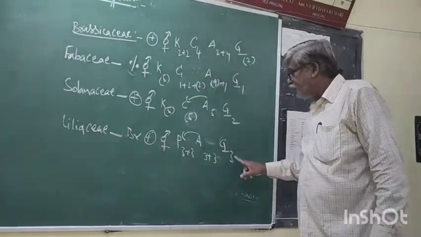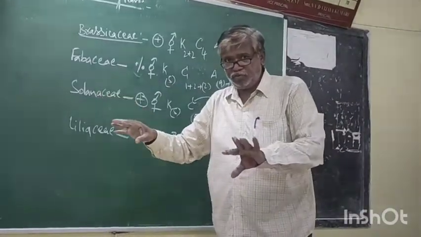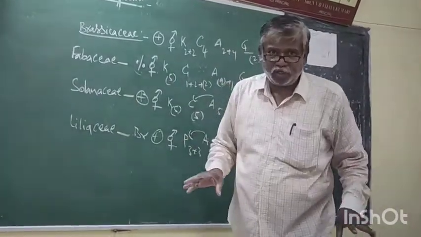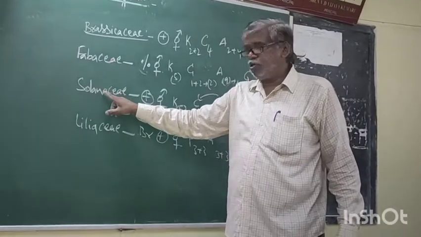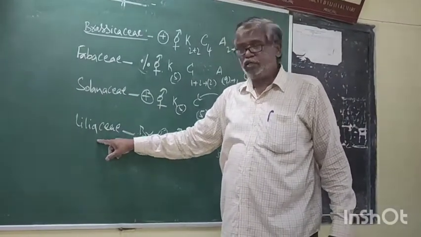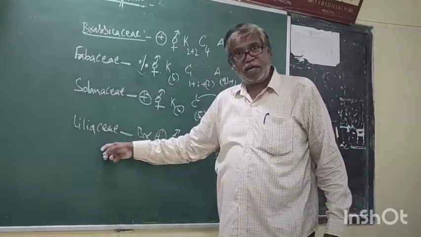Monocarpellary, bicarpellary, tricarpellary. If the order is changed, that leads to some complication. So, first family Fabaceae, Solanaceae, Liliaceae: 1, 2, 3. Monocarpellary, bicarpellary, tricarpellary.